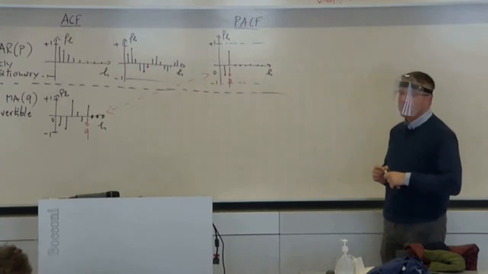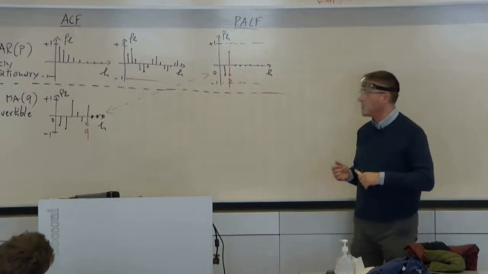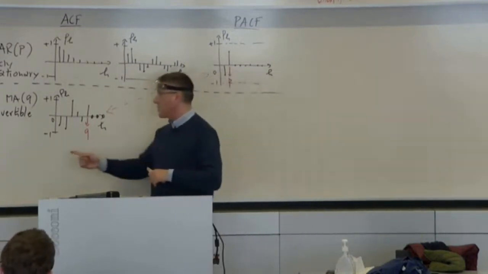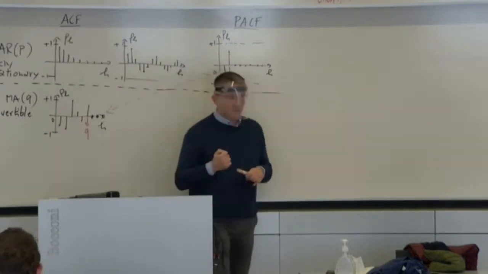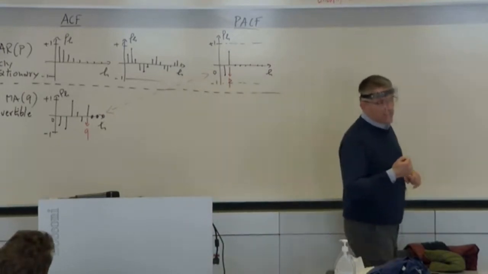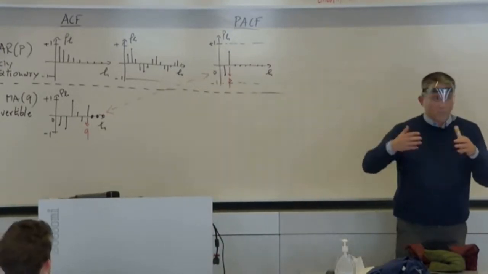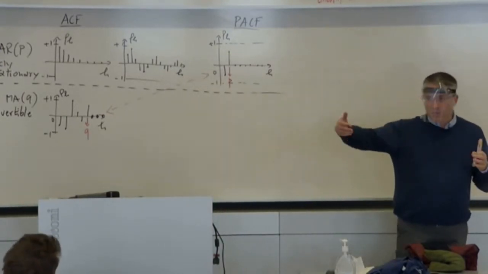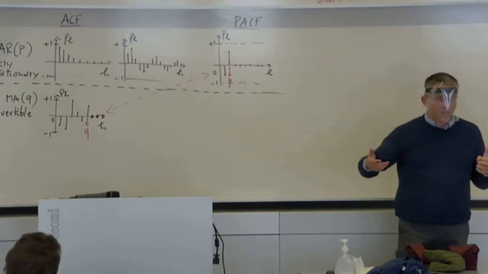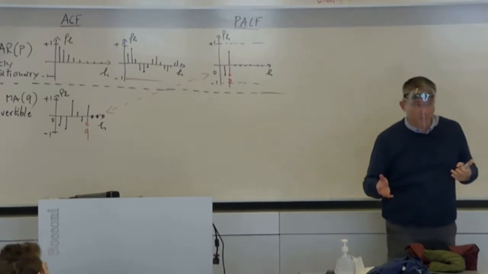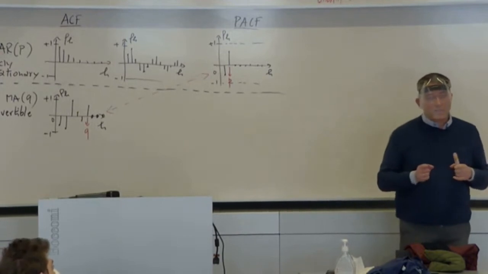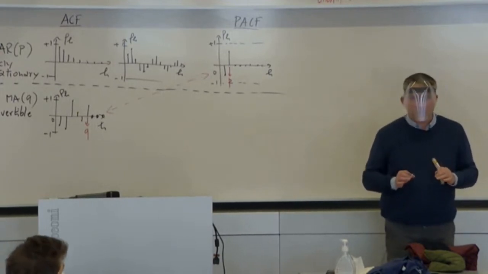Okay. What about the PACF? Well, because under invertibility, a moving average process can be written as an AR process, it means that it can be written as an infinite autoregression with infinite coefficients, right? So all these coefficients, in principle, could be different from 0. But remember, what is the PACF?